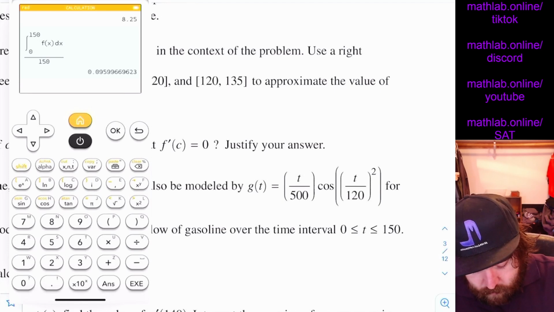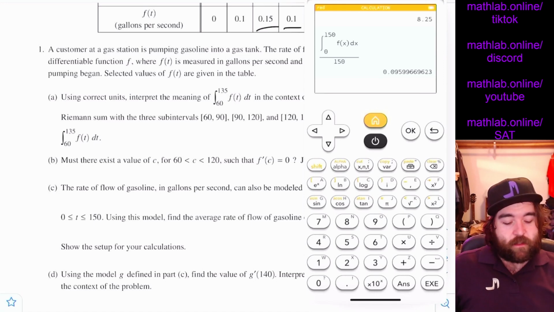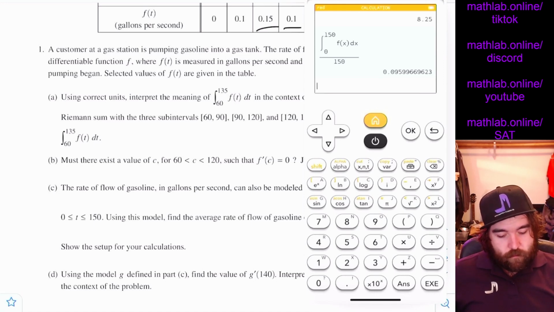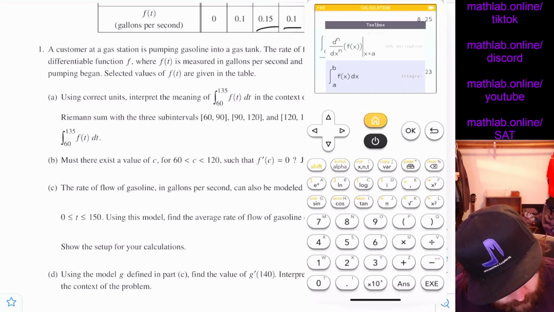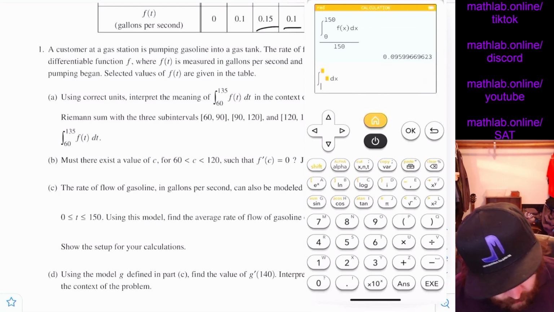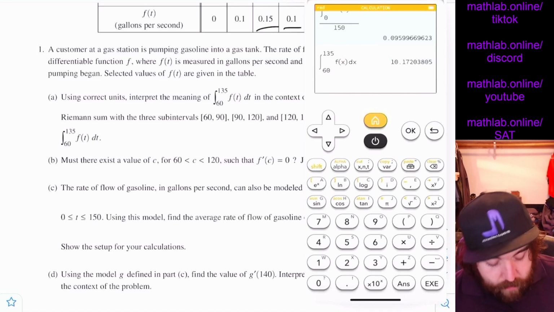0.096 gallons per second. So let's look at our answer for part A and see not necessarily how similar it is, but whether we should be able to make the same sense out of it the same way we did when we did part A. 10.